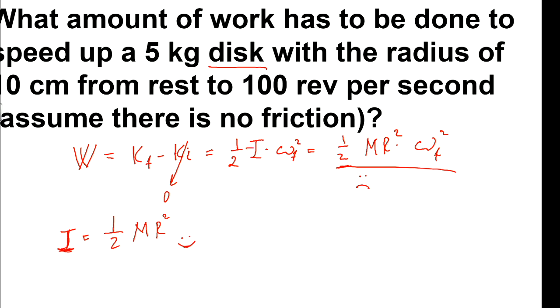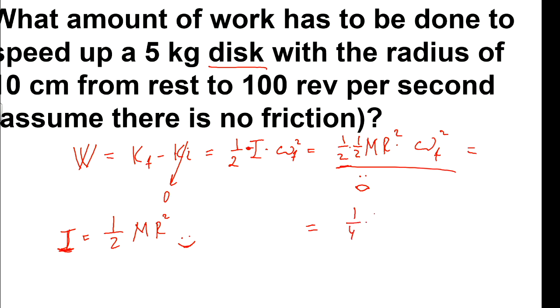This is a different half because of the equation for kinetic energy. And this half should be because of that equation. So it's 1/2 times 1/2 mass radius squared. So it's going to be 1/4 times mass.